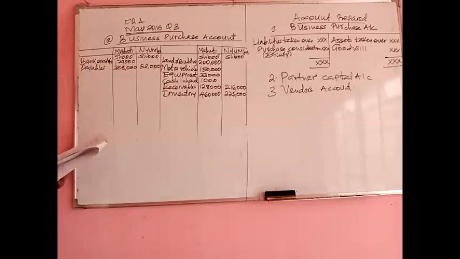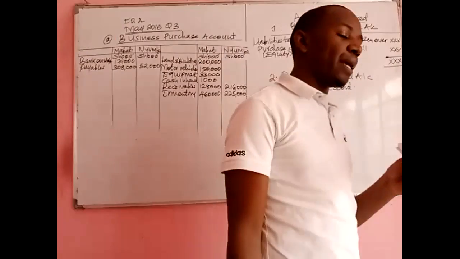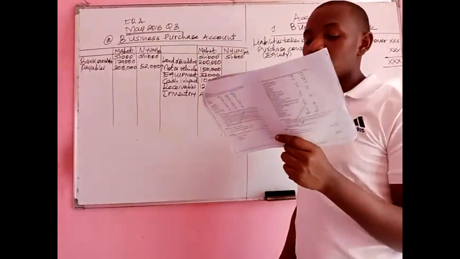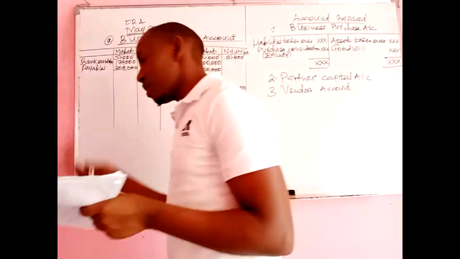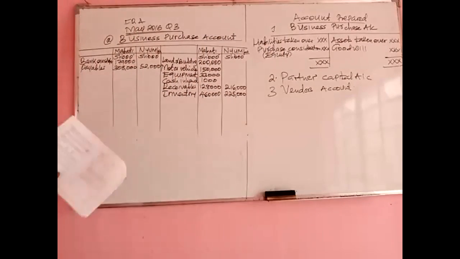There was also the goodwill, which we were given in additional information number 1. The assets and liabilities were transferred at book value, and the partners were paid shillings 100 million as goodwill. One part is for manufacturing, the other for distribution.